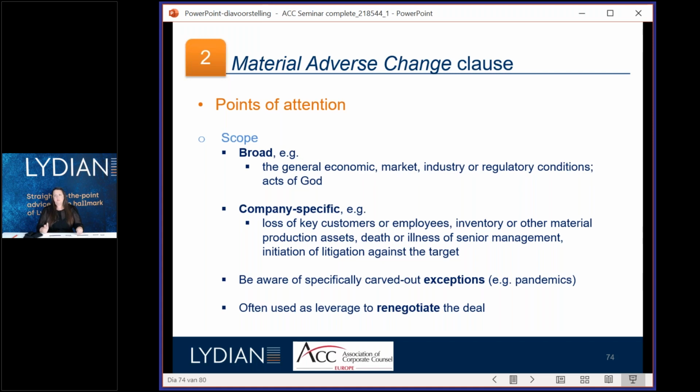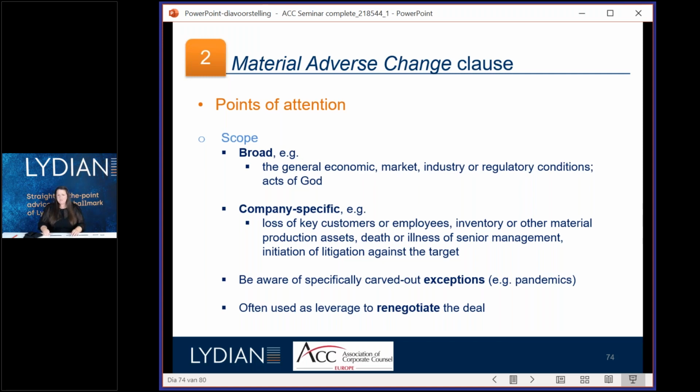So you could say, for example, that a loss of key customers for an amount having an impact of so many euros on the business will constitute a MAC. Of course, in the current context, now that everybody is aware of the pandemic, parties will want to exclude the pandemic or include it. That depends on negotiations.